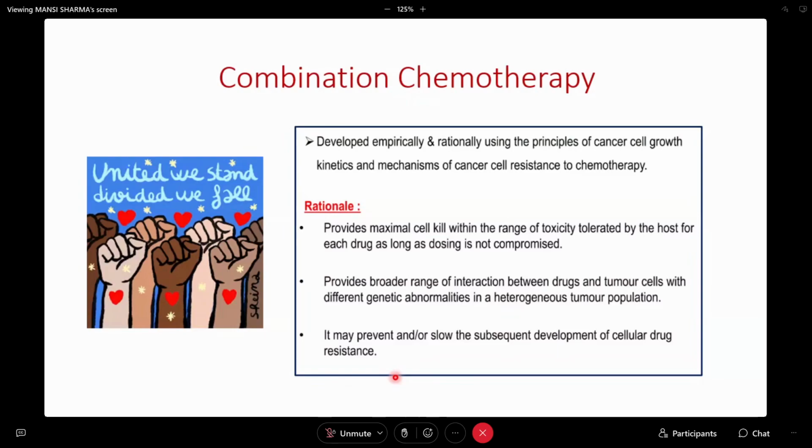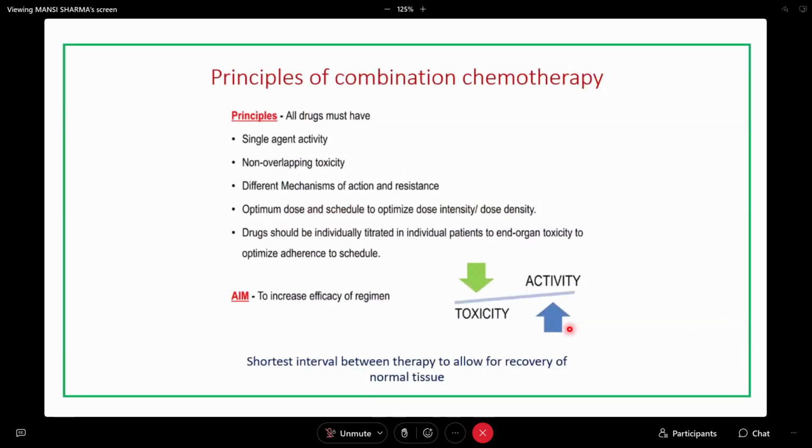The rationale behind combination chemo is that it provides maximal cell kill within the range of toxicity tolerated by the host for each drug, as long as dosing is not compromised. It provides a broader range of interaction between drugs and tumor cells with different genetic abnormalities in a heterogeneous tumor population. It may prevent and/or slow the subsequent development of cellular drug resistance.